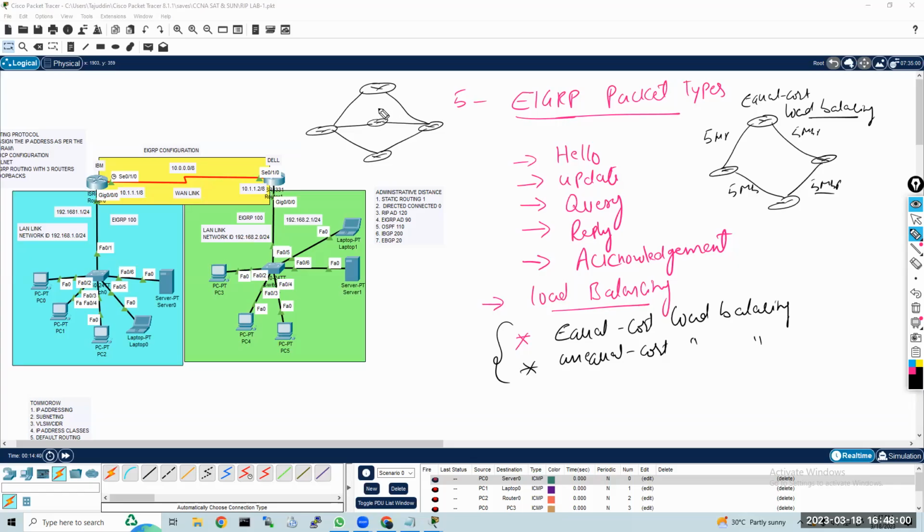Unequal load balance: say this link is 10 Mbps, this is 20, this is 100, this is 200, this is 1 gig, this is 10 gig. This is my R1, this is my R2. It also supports equal and unequal load balancing.